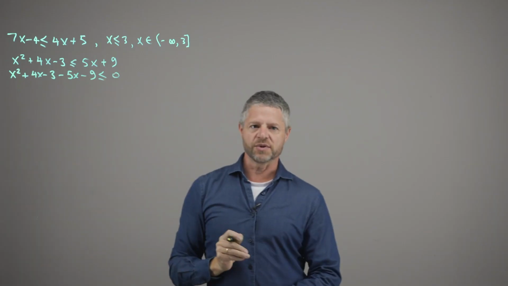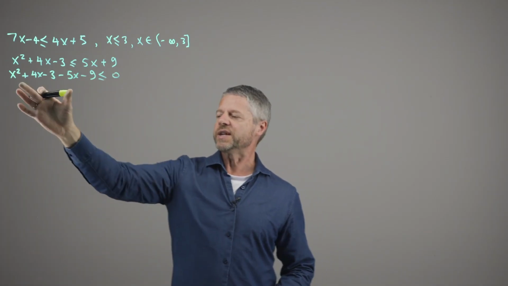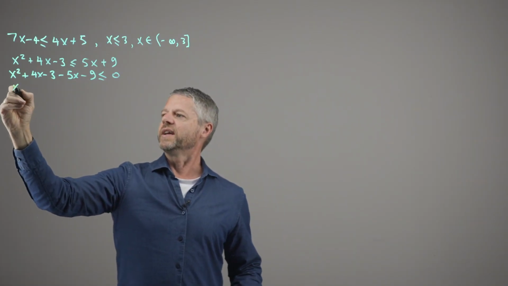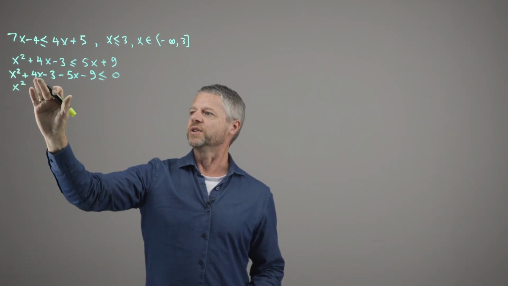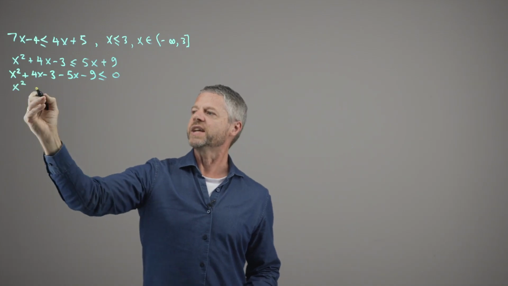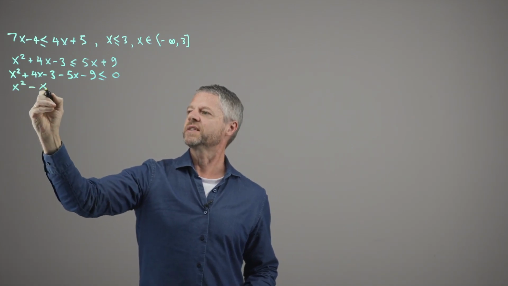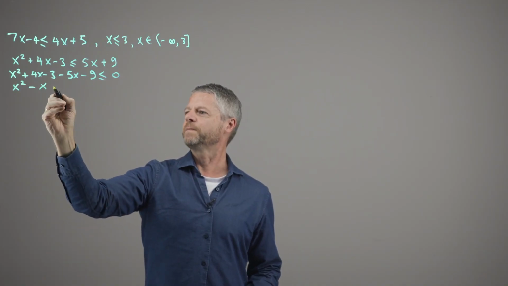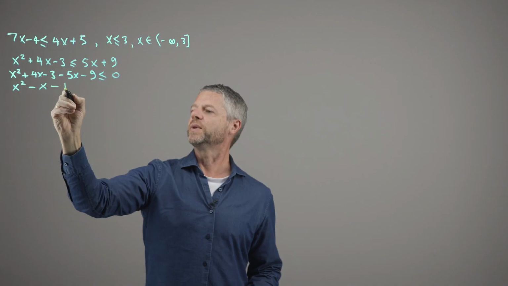So now I've got 0 on one side, and now I just need to collect terms here. I've only got one x squared term. I've got a 5x minus 4x, so that's going to be minus x. And then I've got a minus 3 minus 9, so that's going to be minus 12.